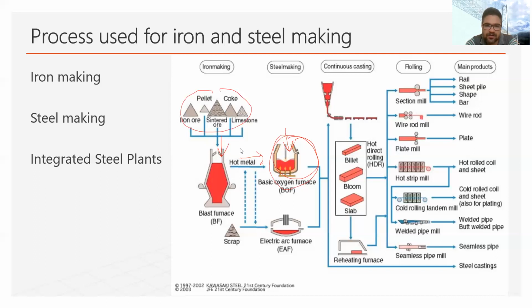The next process after the BOS is basically the casting. In the case of the basic oxygen furnace, the iron or steel is in liquid form, and this liquid steel is taken out of the bottom of this furnace and put out as a continuous ribbon of steel.